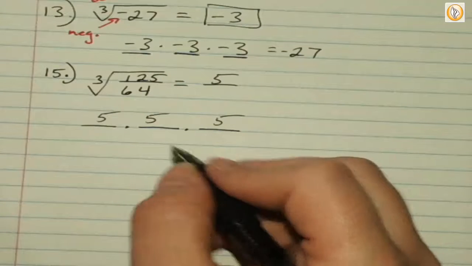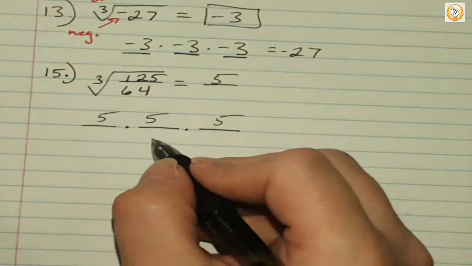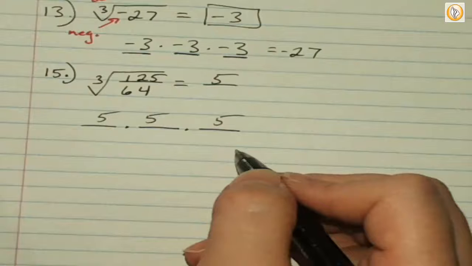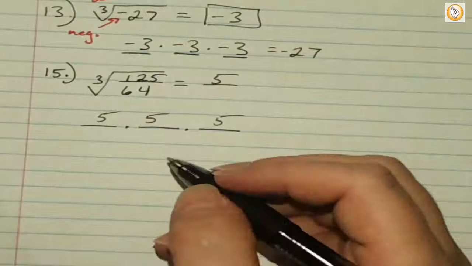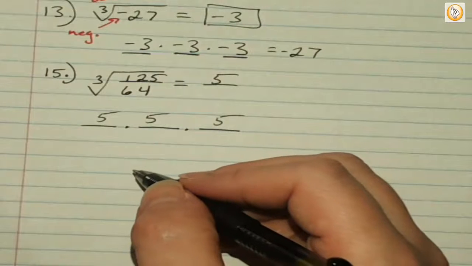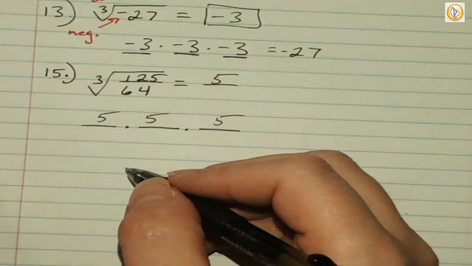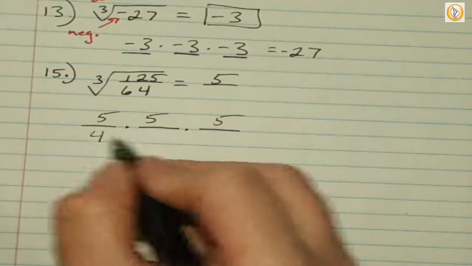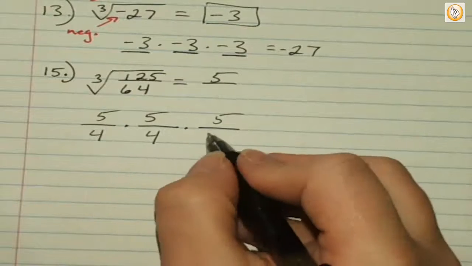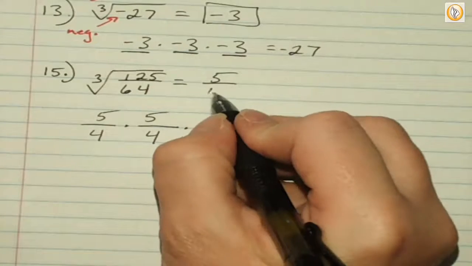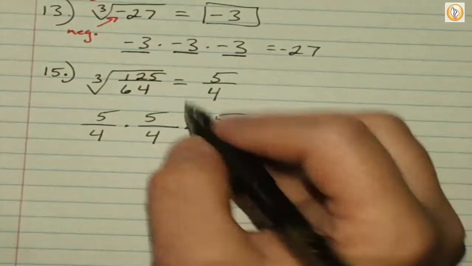Is the bottom 6? Well, 6 times 6 is 36, 36 times 6, it's not that yet. So you've got to go smaller. That's 4, right? 4 times 4 is 16. Then 16 times 4 is, in fact, 64.